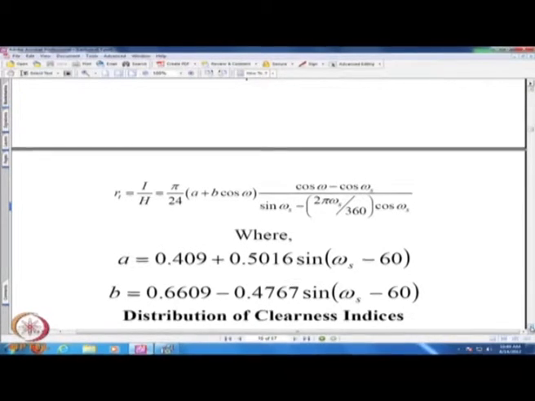Now, I can express in principle I minus I d in terms of R t times H minus R d times H d. That will give me an analytical expression for I b. Though these themselves are not accurate, they represent some sort of a distribution on the terrestrial surface, and eventually you will bring in the diffuse fraction in the calculation of R b bar t if you use these correlations.